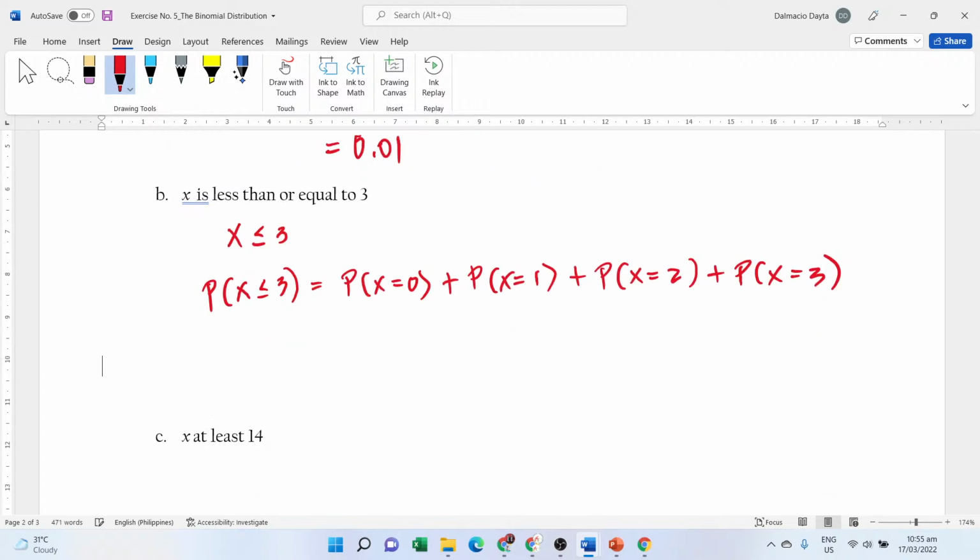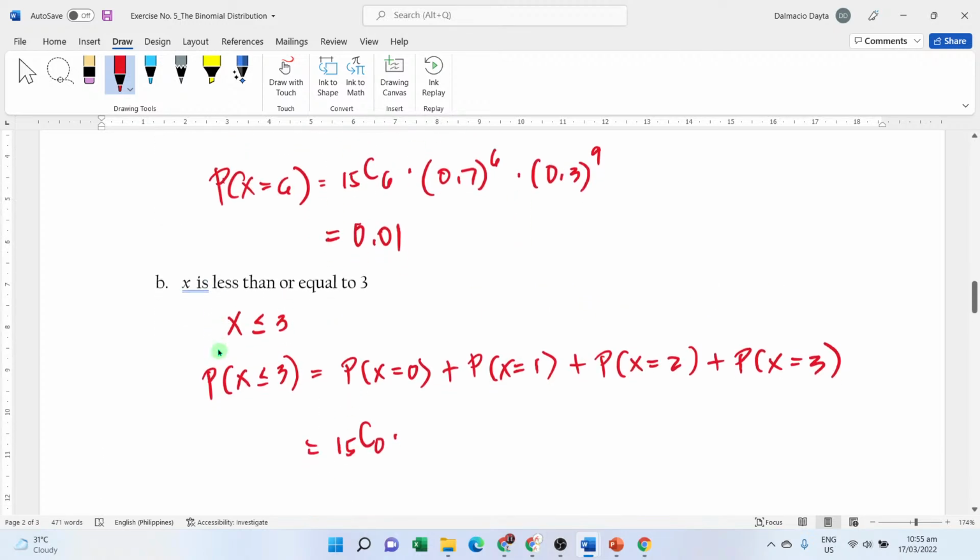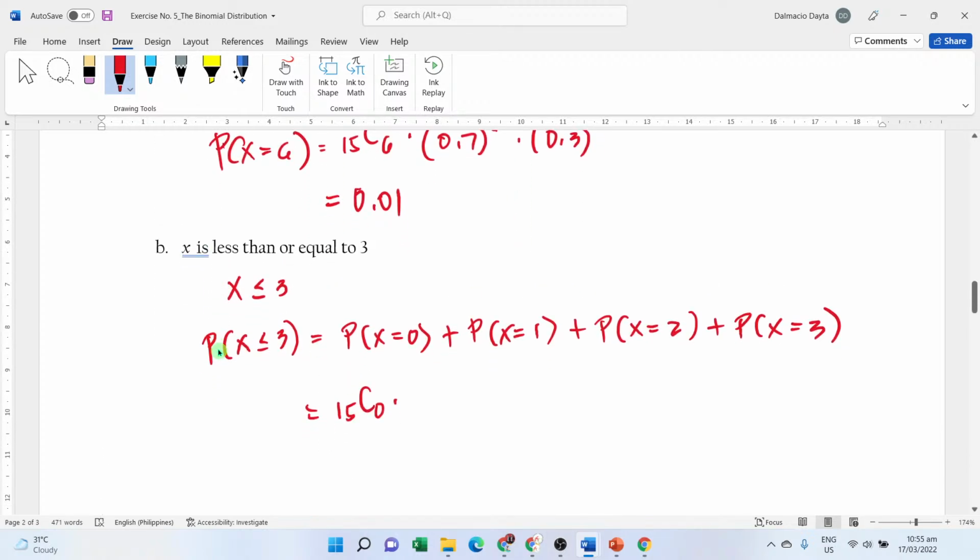And what will be our equation? Kapag 0, then we have 15 combination 0 times 0.7 raised to 0 times 0.3 raised to 15.